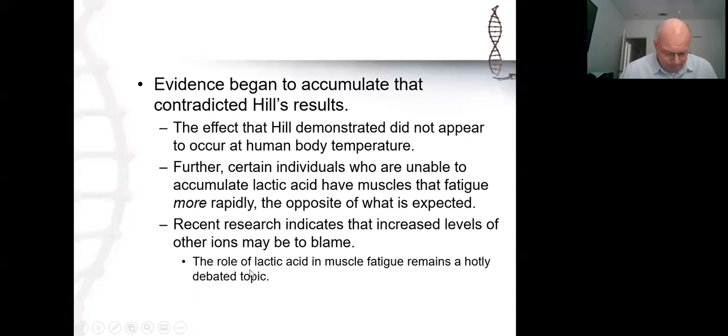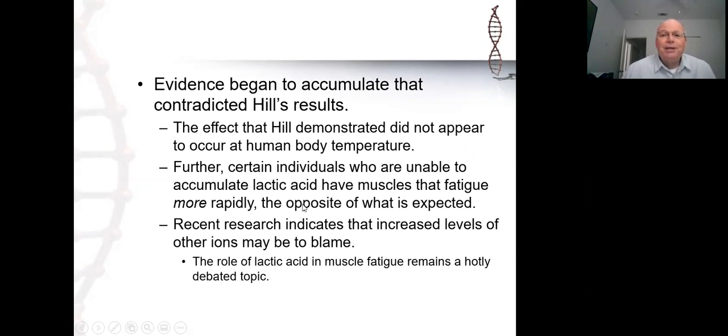So if you go and do research on muscle cramps and you ask the basic question, what causes a muscle cramp? You're going to find people who are saying, well, it's the lactic acid. And then you're going to find people who are saying, no, it's not the lactic acid at all, it's something else. And that's because the research data is confusing.